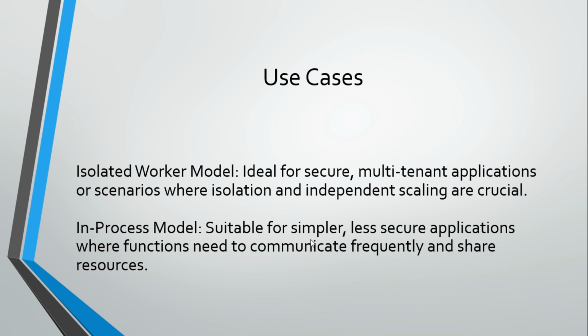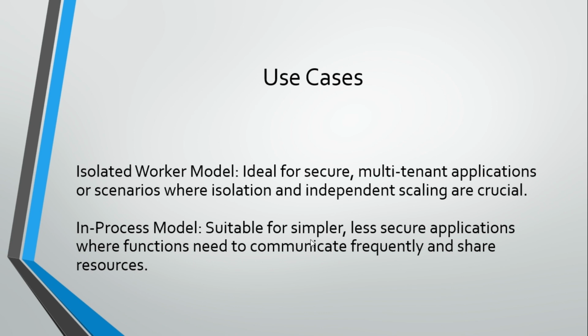Right. So, use cases: as I have mentioned, we should use the isolated worker model whenever you are writing an Azure function where security is a major concern, and also when there are multi-tenant applications or scenarios.